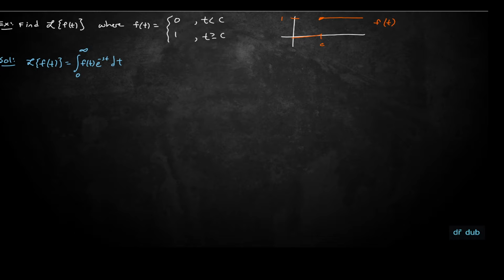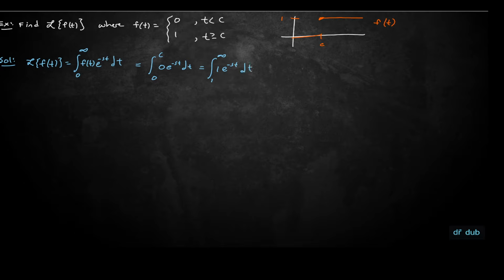Now, you have to break up the function depending on the bounds. So actually, we go from 0 to c. The function there is 0 times e to the negative st dt. And then from c to infinity, the function is 1 e to the negative st dt.